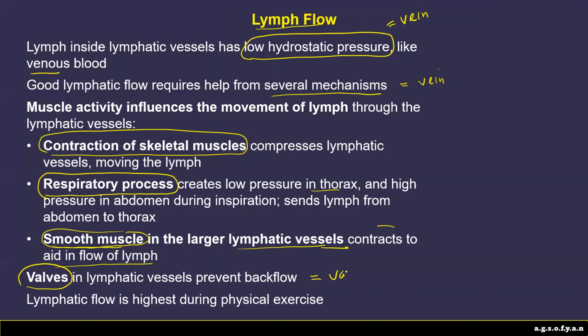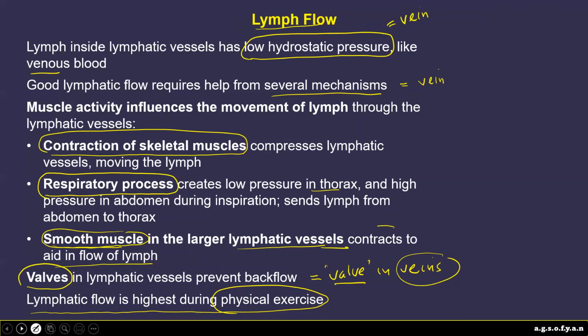This is the same as the valves in veins. Veins also have valves that protect against backflow of the blood or liquid. And because it is helped by the contraction of skeletal muscles, lymphatic flow will be higher during physical exercise. This is the same with venous blood. The flow also will be higher during physical exercise.